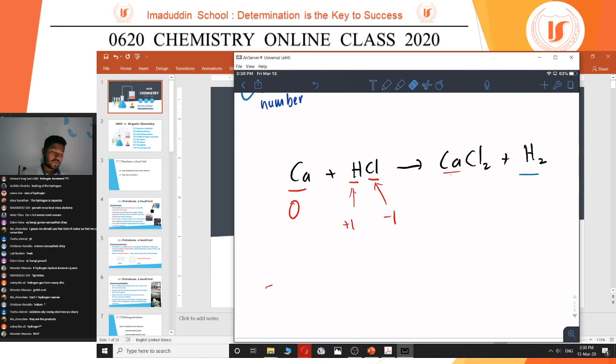So if you write the charges, this calcium is 0. In the calcium chloride, it will be +2, so chlorine will be -1. Again, hydrogen is an element, a diatomic element, so 0.